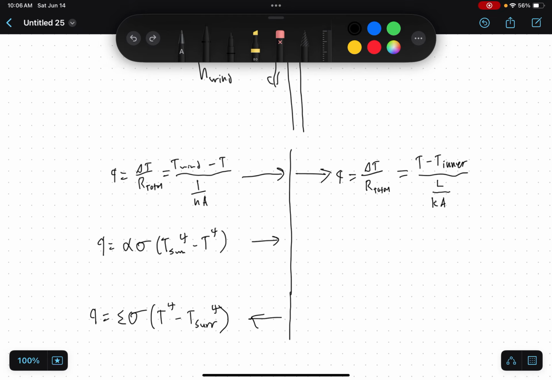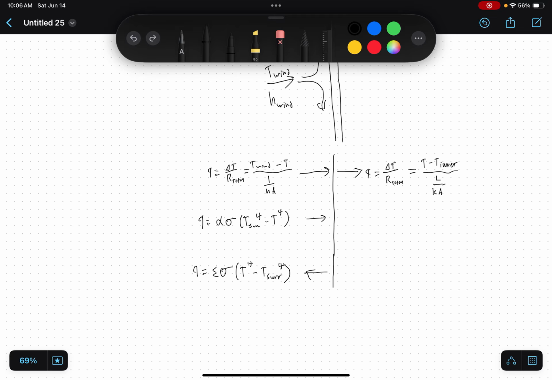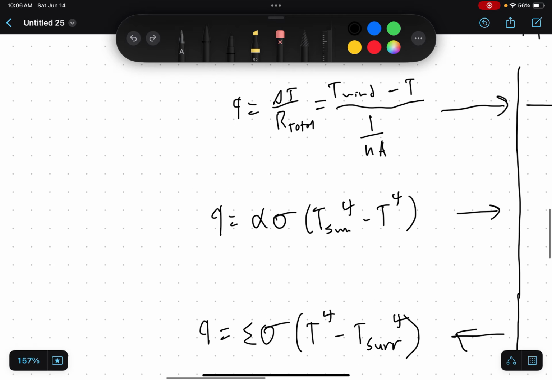We have two things entering. We have two things leaving. So if we wrote it, ooh, I forgot one thing. This is a unitless number.